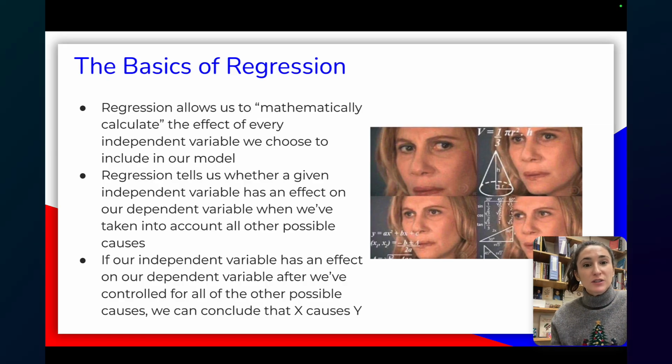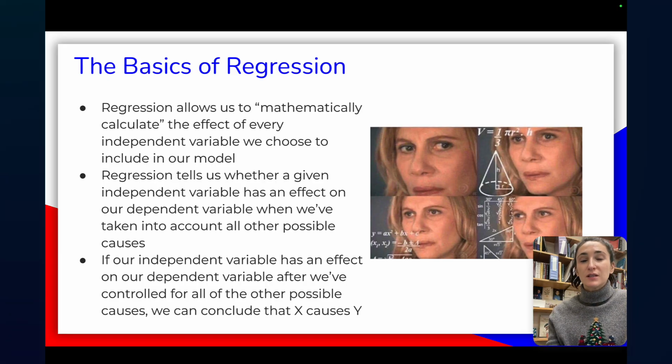This regression is going to tell us whether a given independent variable has an effect on our dependent variable when we've taken into account all other possible causes. If our independent variable has an effect on our dependent variable after we've controlled for all of the other possible causes, we can conclude that X causes Y. Remember when we talked about those 4 causal hurdles?